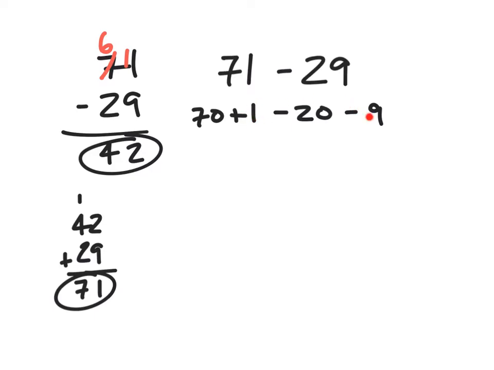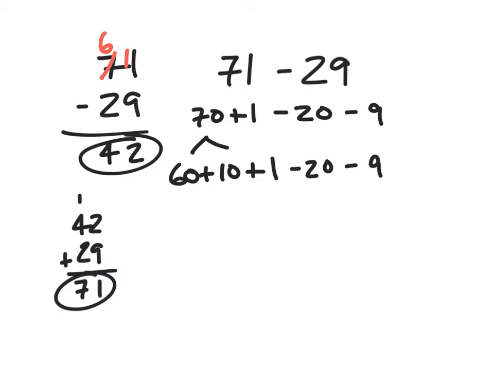So, one of the things is we encounter that same problem. 1 minus 9, we can't do that, right? So what we want to do is think about, well, what can we do to this 70 to split this up to give me more value in this 1 so that we could then subtract these two numbers. So what you do is you borrow 10 from 70, all right? And you rewrite this as 60 plus 10 plus 1 minus 20 minus 9.